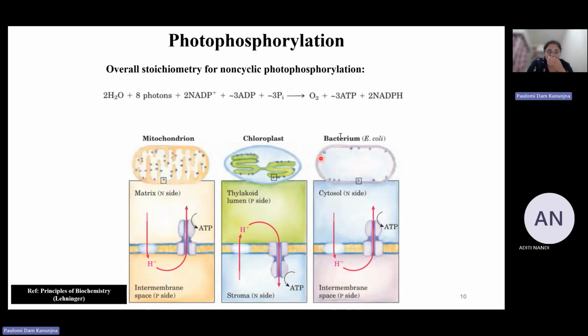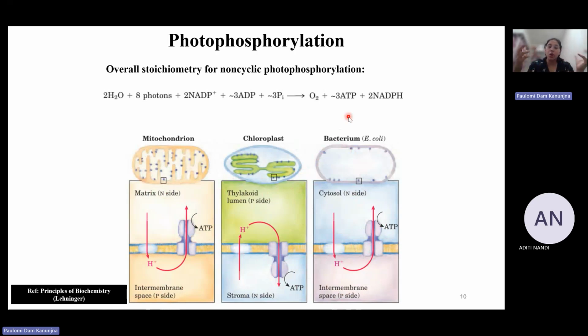And what does this tell us about homology? It basically tells us that all these genes are the same. That's why they all code for similar kinds of proteins, and they are all homologous to each other. What is homologous? Not only ATP synthase, but also the cytochrome b6f complex, the major components of photosynthesis or oxidative phosphorylation.